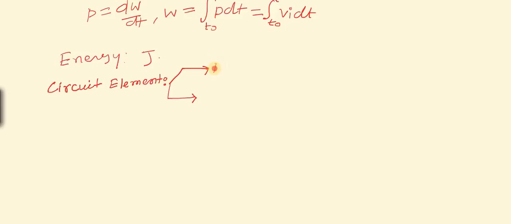First is passive elements. So what are passive elements? Passive elements are those which are capable of receiving power, or storing power in them, or returning it to the external circuit.